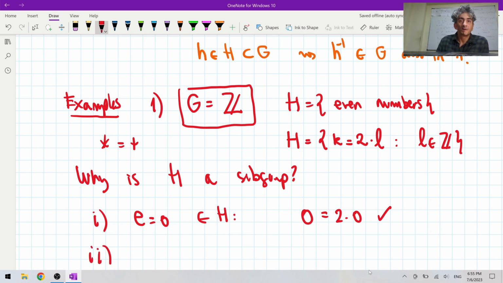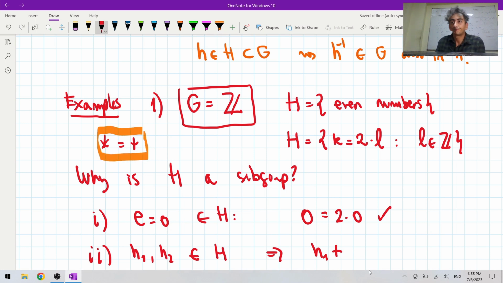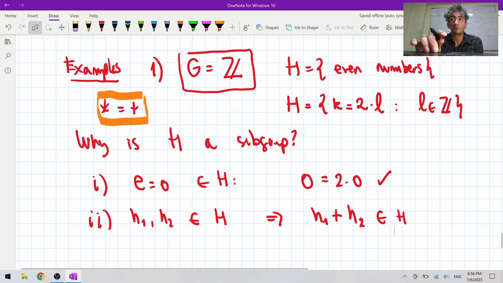Let's see if h1 and h2 belong to H. We need to show that their sum, here we're using additive notation, remember, also belongs to H. And that's obvious, because the sum of 2 even numbers is also even.